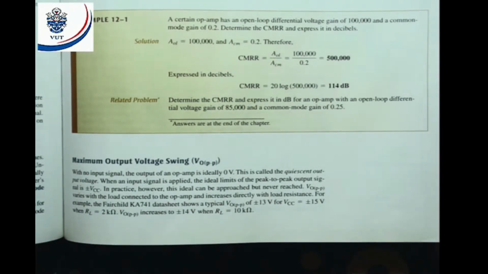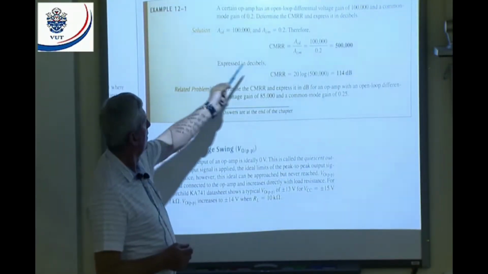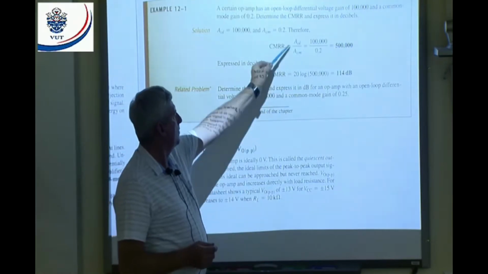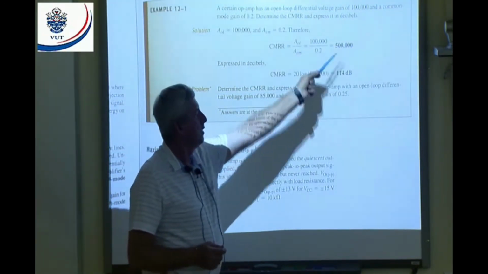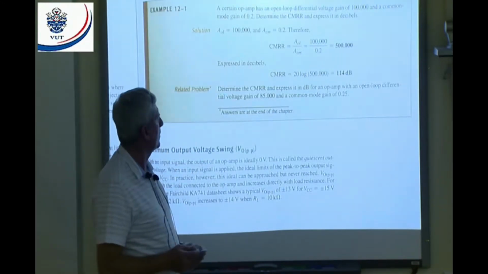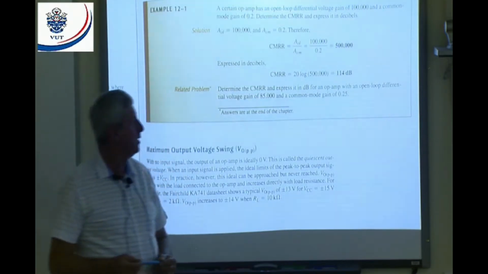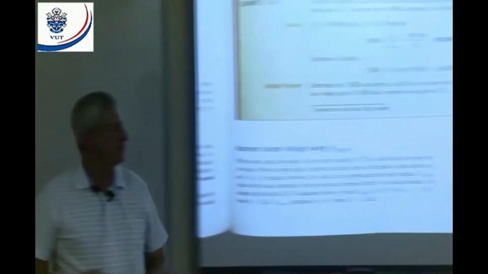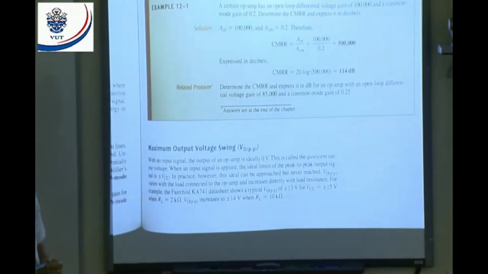Then they say determine the common mode rejection ratio and express it in decibels. Common mode rejection ratio, open loop gain divided by the common mode gain, is 100,000 divided by 0.2. It will give me 500,000. When I express it in dBs, it's 20 log of 500,000, which will give me 114 dBs. You can see your common mode rejection ratio is quite high.